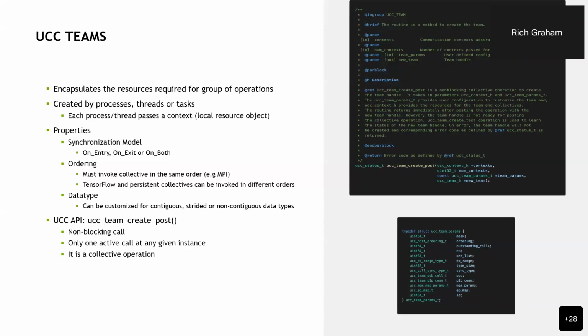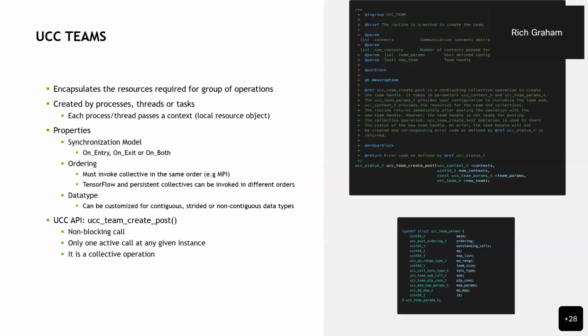Or you can also specify things like strided support, which is useful, for example, in the context of the way OpenSHMEM uses it, or you can specify completely general, non-contiguous data types, which matches the general definition of MPI data types.